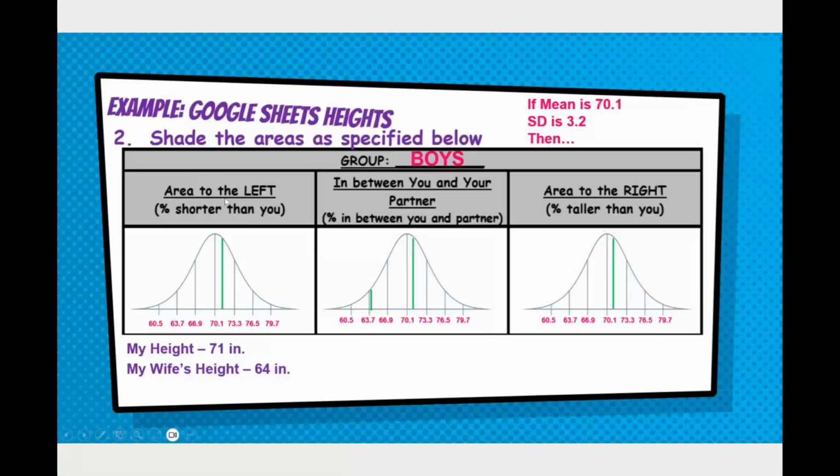We want the area to the left, so the percent shorter than you. That would be this area. Before we do any calculations, remember what I said about the entire curve, that represents 100%. Well, I have half of this curve completely shaded, and just a little overlapping over 70.1.